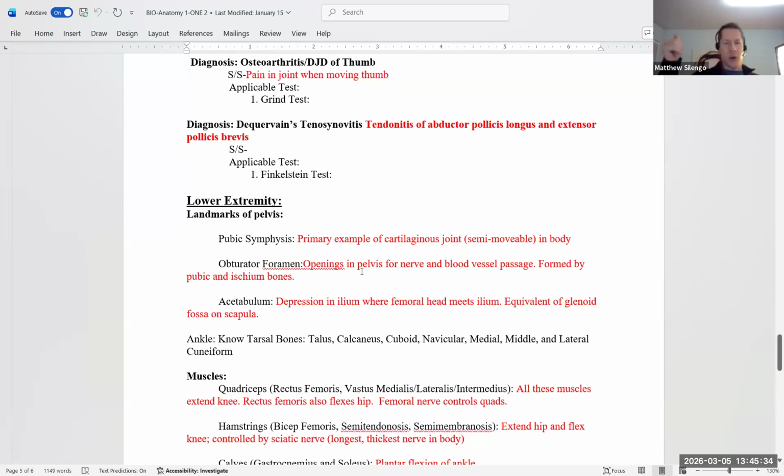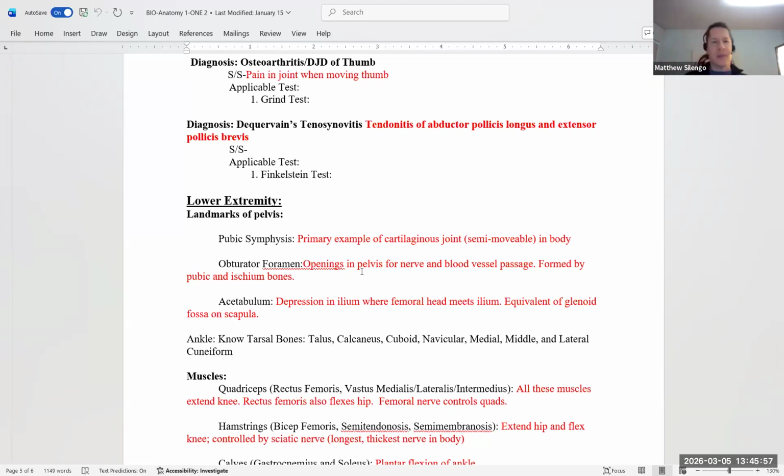Then we have osteoarthritis, sometimes referred to as DJD, degenerative joint disease of the thumb. Now, of course, we can get osteoarthritis of any joint, and we can do a similar test for any joint, but for whatever reason, the one that's on the list of exams that's fair game for comps is the grind test, which specifically refers to osteoarthritis of the thumb joint.